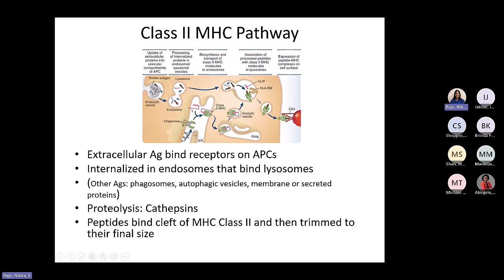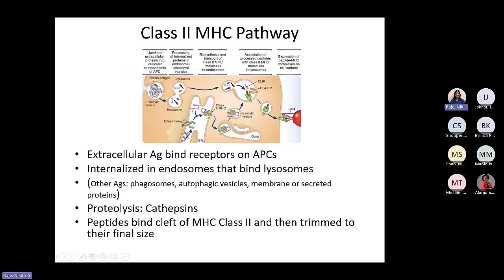So in this case, the alpha and beta chains are helped by chaperone proteins to bind to each other and form that class 2 MHC. There is also this invariant protein chain that helps in protecting the cleft.